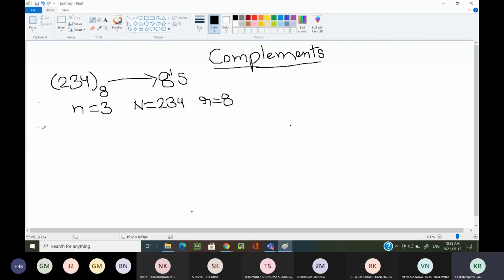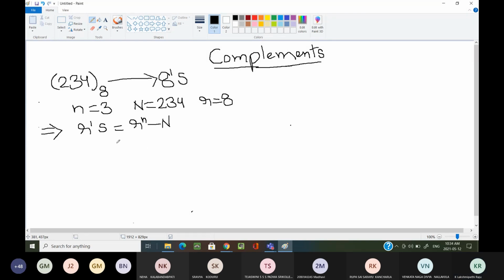Now we are using our regular formula method. R's complement equal to r power small n minus capital N.